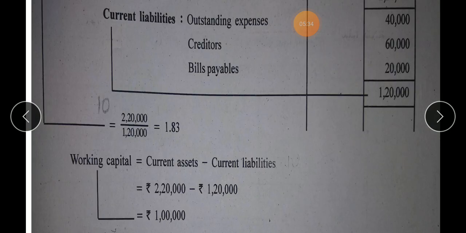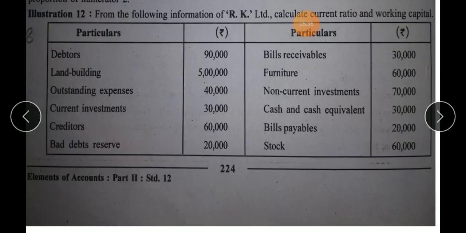If you are not aware of that, then it is next to impossible for you to understand the easiest chapter of this part, which is chapter 5. Yes? So before starting with liquid ratio, we'll revise about current assets and current liabilities because it is a relevant concept.